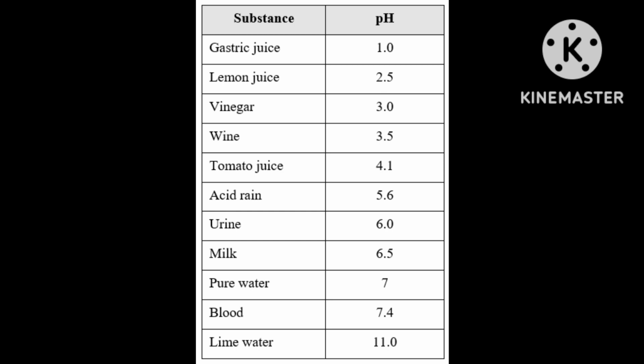Now the next problem I am telling you: calculate the pH of a 1 into 10 to the power minus 8 M solution of HCl. Here, as I told you in theory also, HCl is a strong acid, but you can't put the hydrogen ion concentration directly in the formula, that will be wrong.